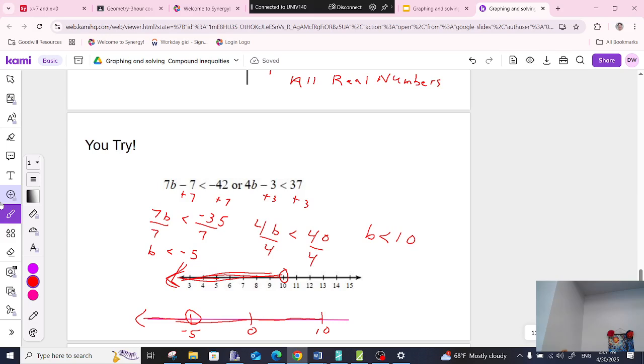Chances are you may not have enough time to finish, so you can take it home. It'll be due tomorrow.